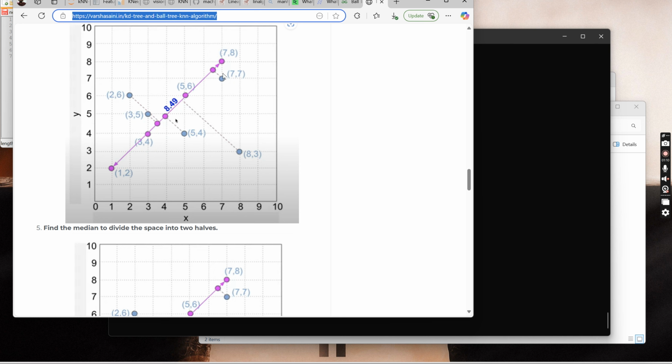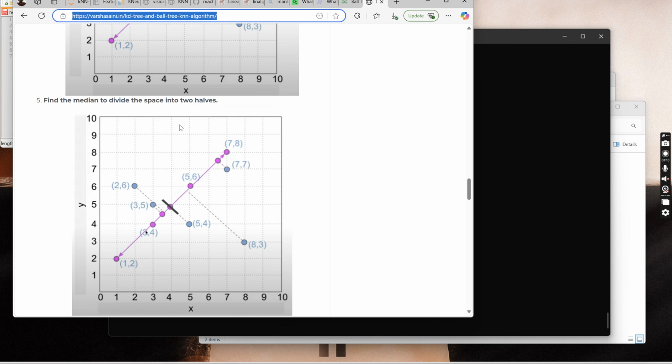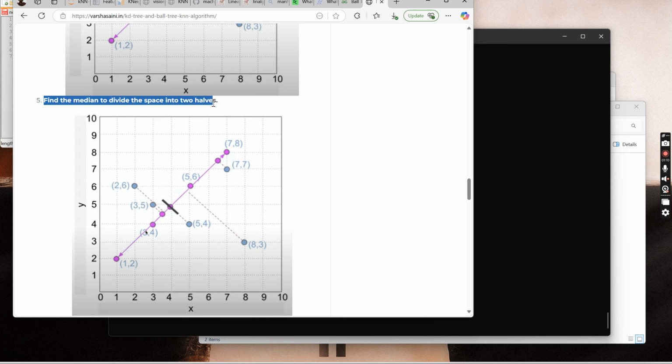Here in this case, 8.49 is the length of this line. Now you will divide that 8.49 by 2, half. You are dividing that line median into two halves. So this is the center of the complete line.